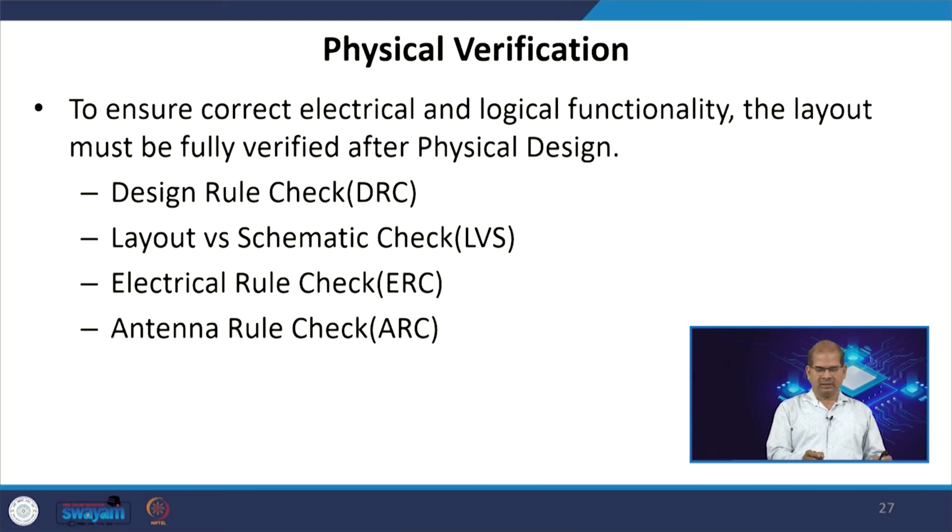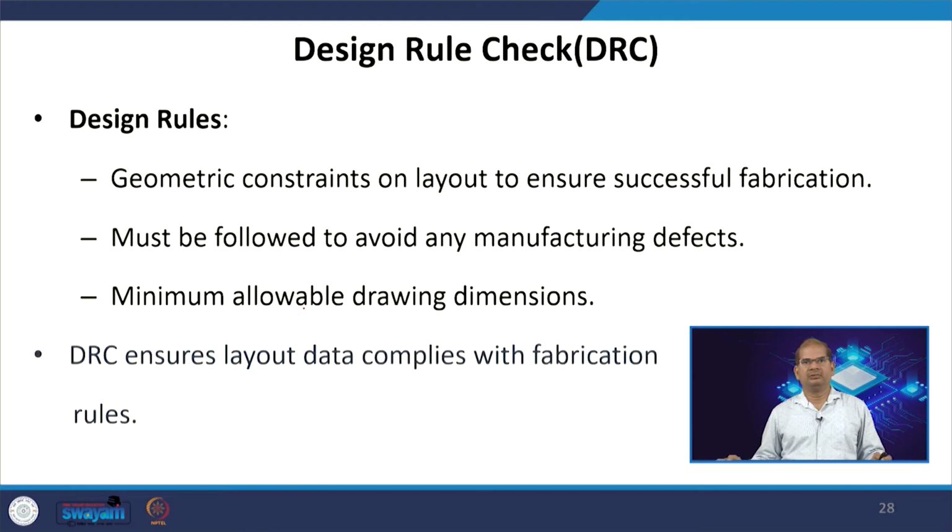One is called design rule check, then layout versus schematic, electrical rule check, and antenna rule check. Let us discuss the design rules. Whenever we have specified a technology node, the foundry or the fabrication unit will supply the designer with a technology file. That technology rule file is the golden model for the designer.